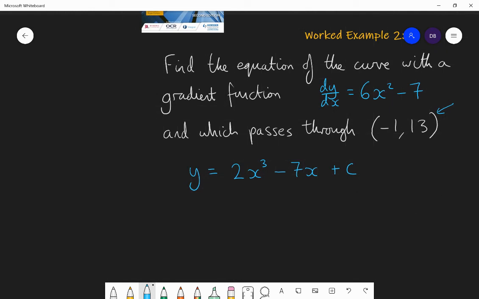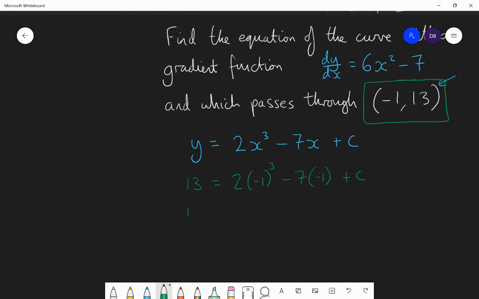Now, to find the value of c, all I need to do is substitute in this coordinate. So when x is minus 1, y is 13. So 13 will equal 2 lots of minus 1 cubed, minus 7 lots of minus 1, plus c. Minus 1 cubed is minus 1, times 2 is minus 2.